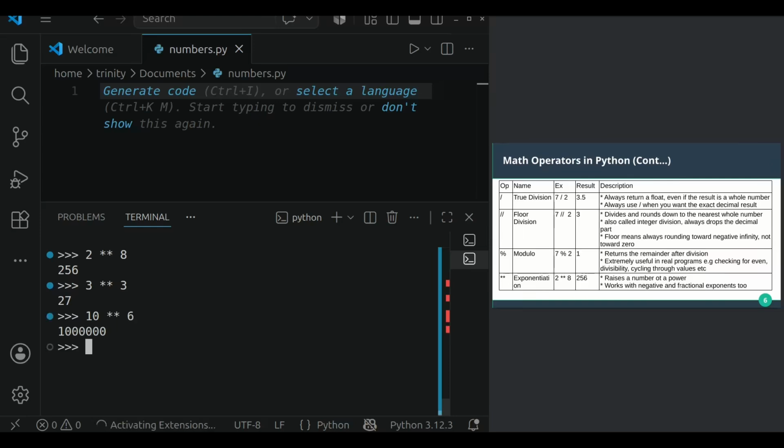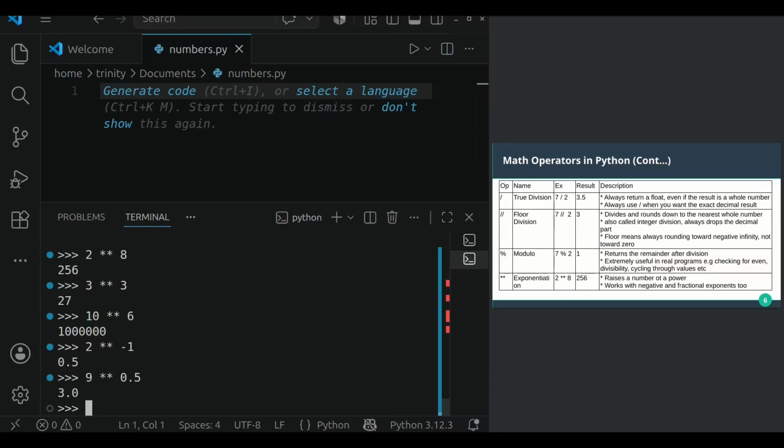We can also raise a number to a negative number, so 2 exponent minus 1 will give us 0.5. We can also raise 9 to the power of 0.5, which is a fractional exponent, and that is going to give us the square root, which is 3.0.